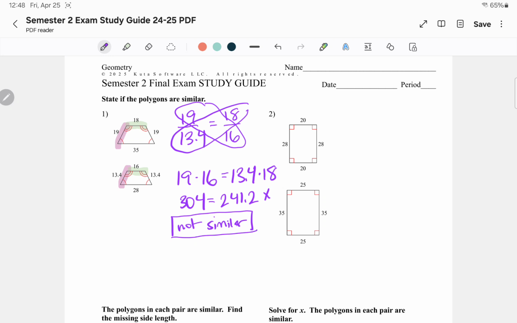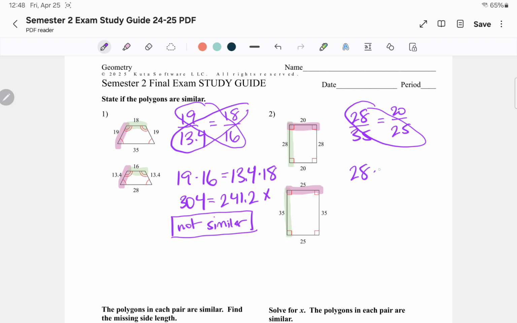Okay, same thing with number 2. I'm going to create my two fractions with the corresponding sides. So it's going to be 28 over 35, and that's going to be equal to 20 over 25. When I butterfly, I'm going to see if they're equal.